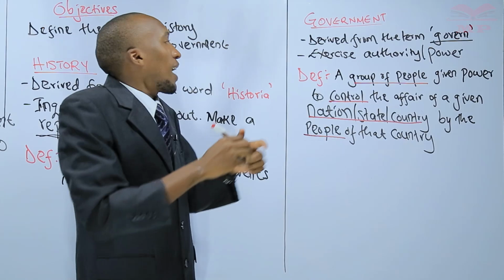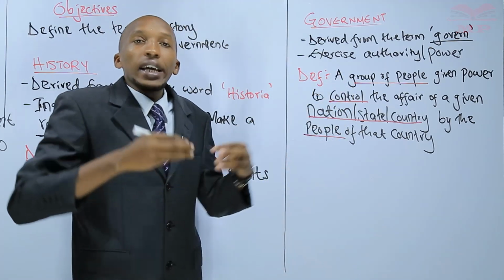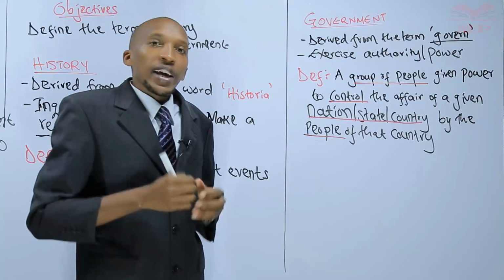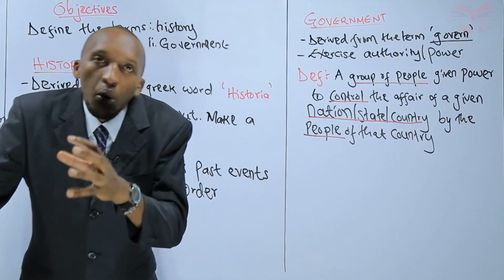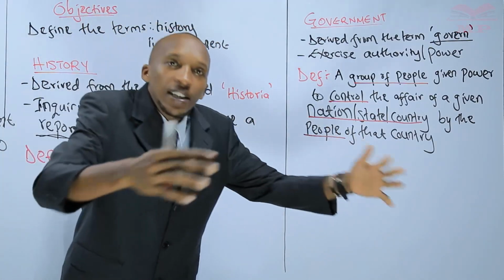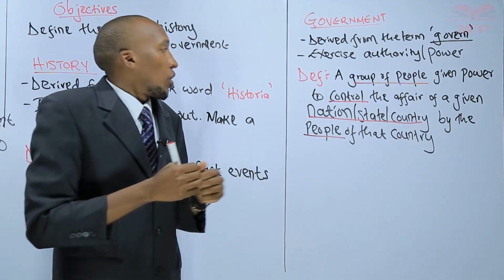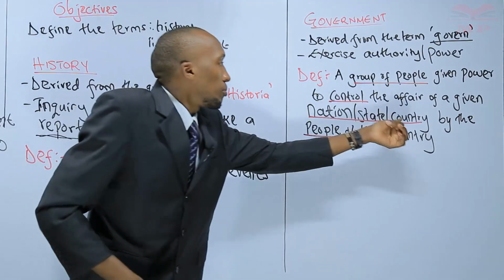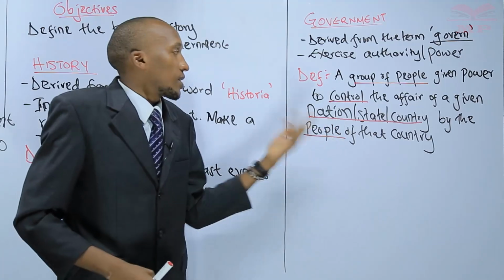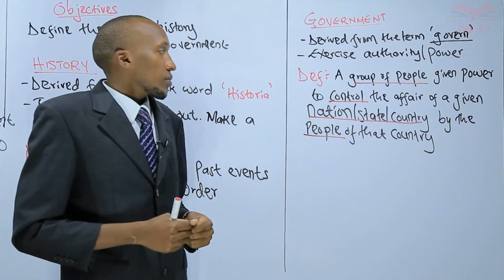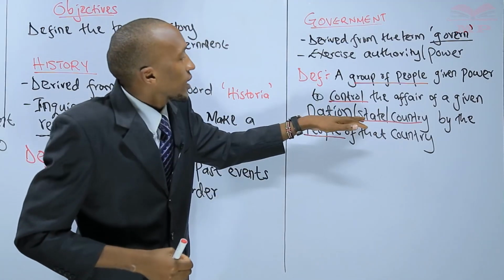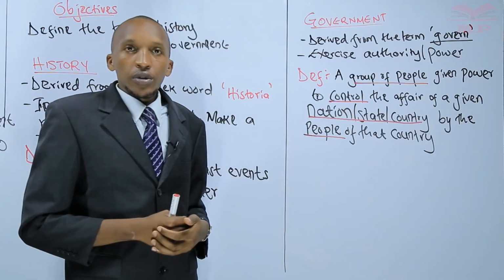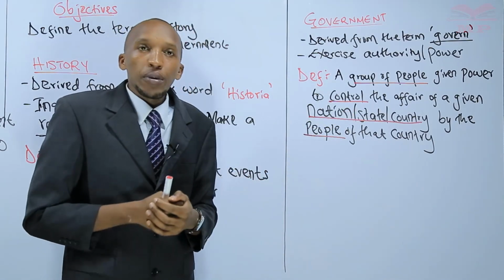So when you talk of a government, it involves a group of people exercising power within a given nation or state or country. These mean the same thing. And where do they get this power from? They are given power by the people. So come to Kenya, for example.